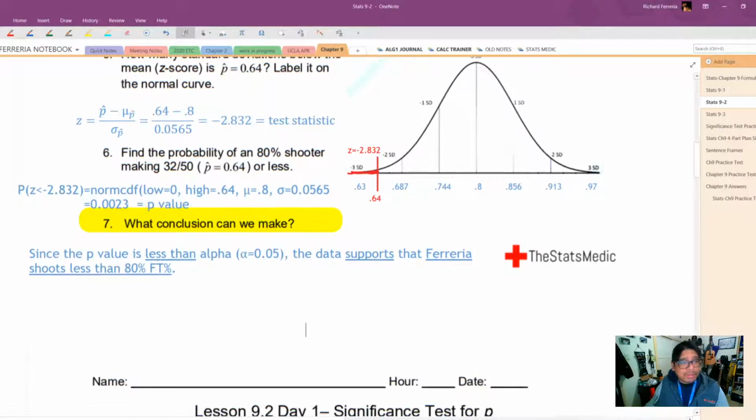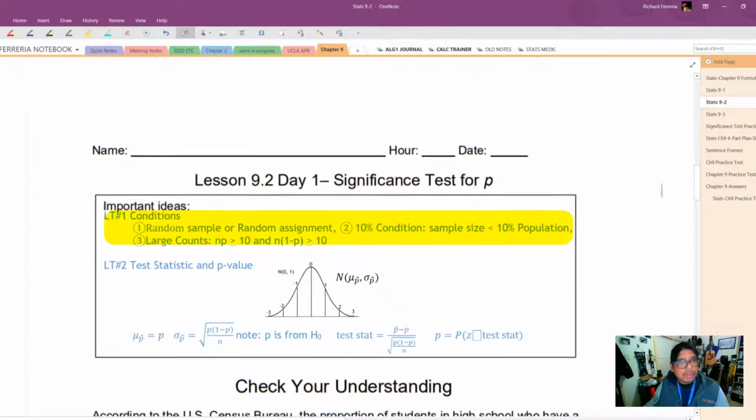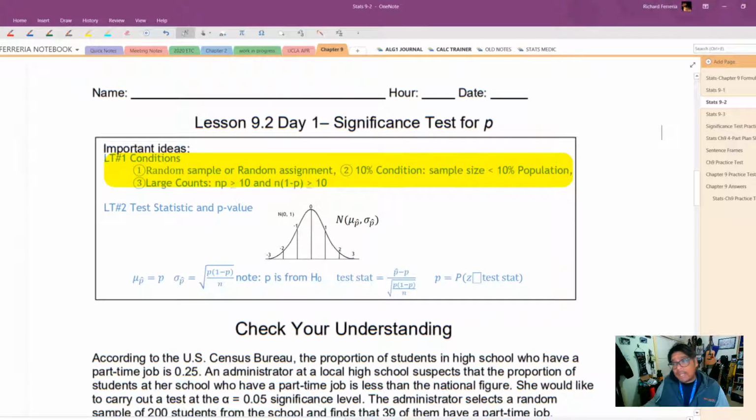So let's get ourselves down to our significance test important ideas. The first important idea has to do with the conditions of the significance test. If you studied last chapter, then this is really easy for you, because these are the exact same conditions that we used for a confidence interval for p.